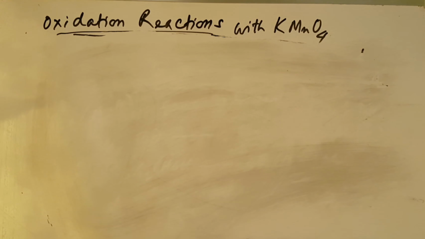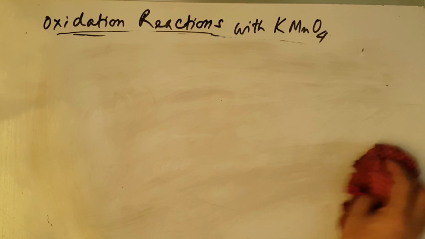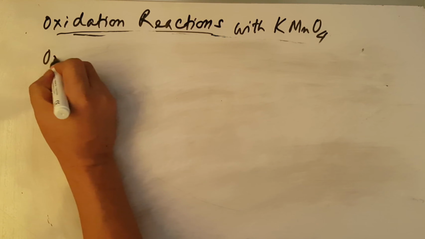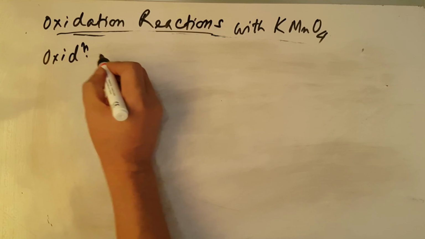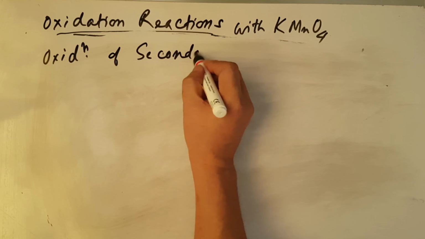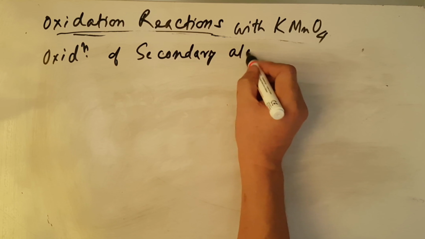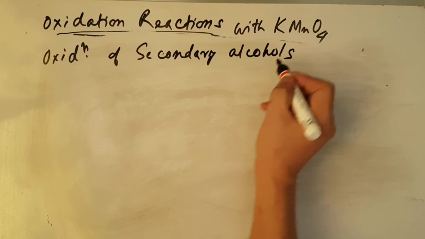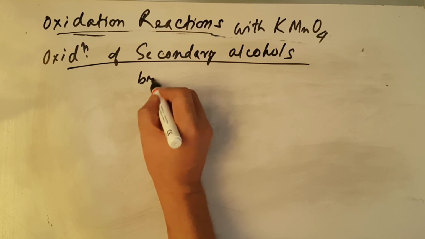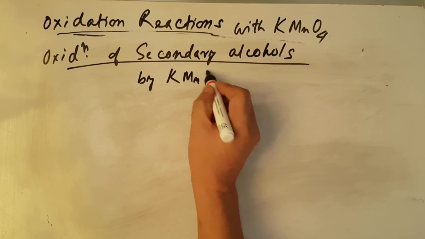I'll write down here: oxidation of secondary alcohols to ketones by potassium permanganate.